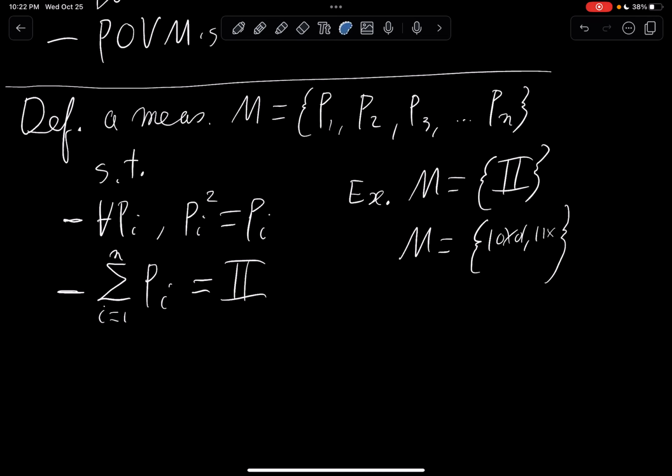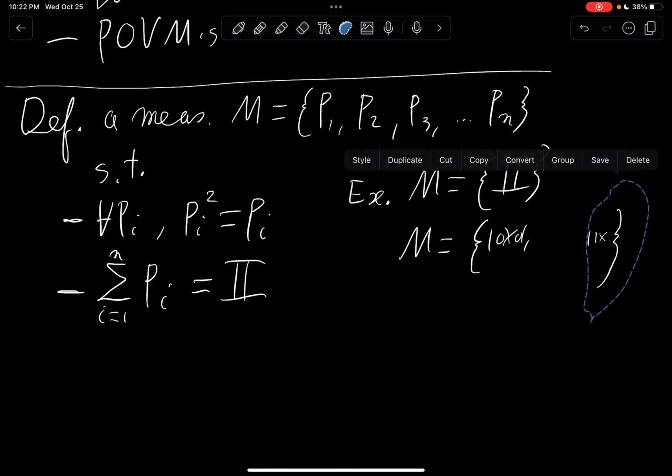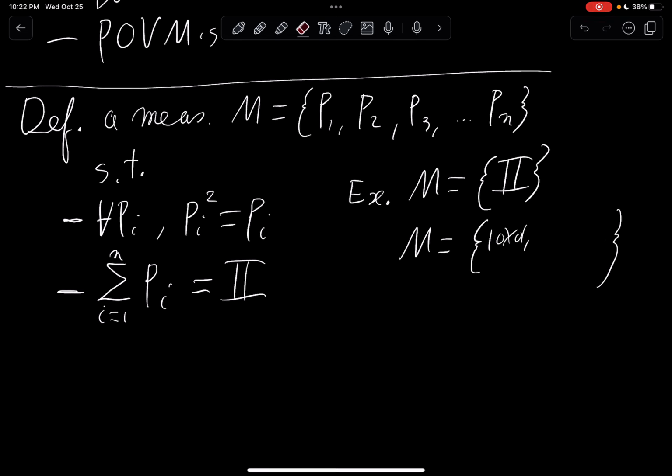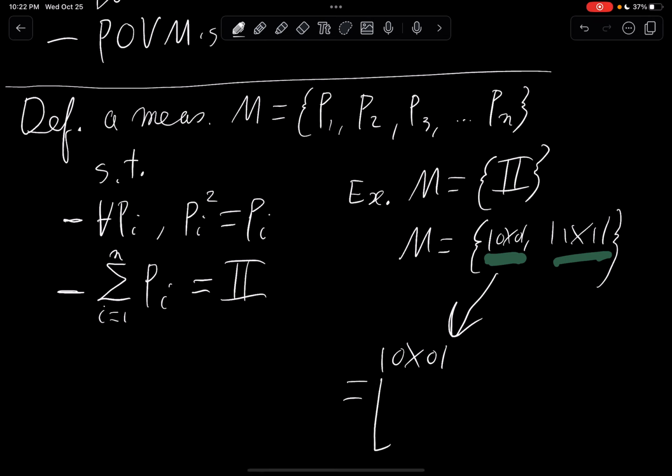Let me make a bit more space. So we have here the ket of 0, and here we have the ket of 1. As a reminder, we could think of the ket as a column vector, looking like this, and the bra version was just the transpose of that, or the conjugate transpose, so that gives this.